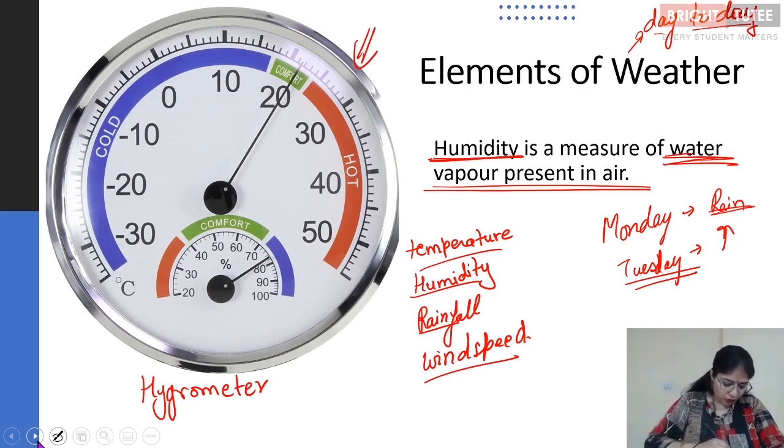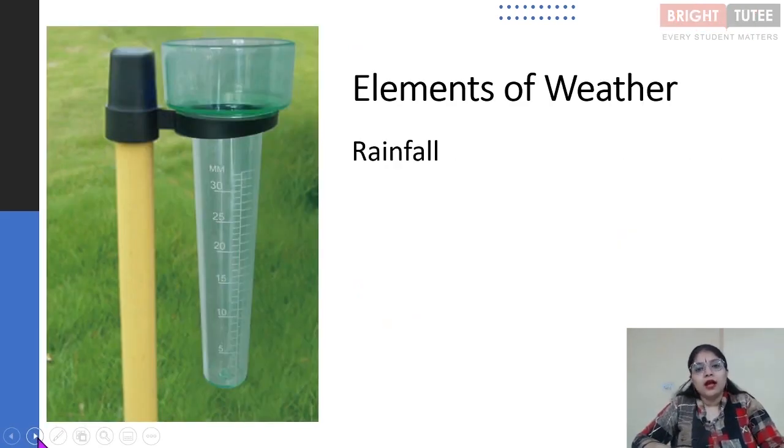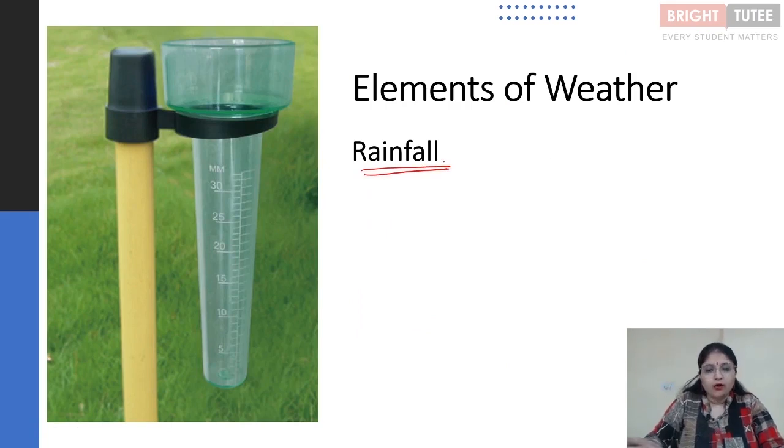Now, moving on to the next important element, that is rainfall. I'm pretty sure I don't need to explain what rainfall is, but I'm going to tell you how we measure the rainfall. You all must know that there are certain areas in India which receive low rainfall, whereas other areas receive high rainfall. When we talk about low or high rainfall, how do we measure it?